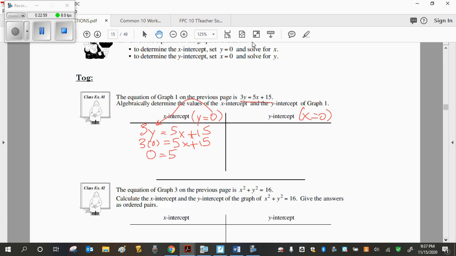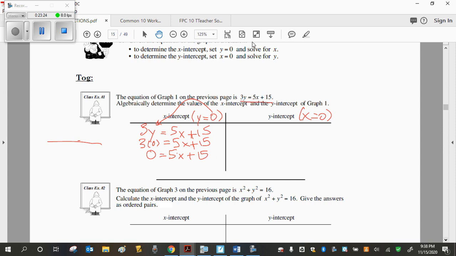And now I have to remember how to solve an equation. You cannot simply move this equal sign in between the 5x and 15. You have to do the opposite operation to both sides of the equation. And in this case, you've got two opposite operations. This means 5 times x, so you're going to divide by 5. And plus 15, the opposite of add 15 is subtract 15.